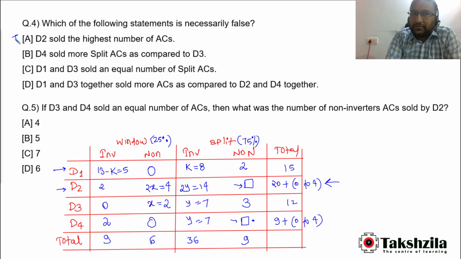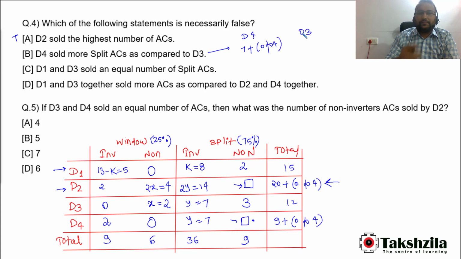That becomes our answer. D4 sold more split ACs as compared to D3. D4 sold somewhere around 7 plus 0 to 4, and D3 7 plus 3, that is equal to 10.